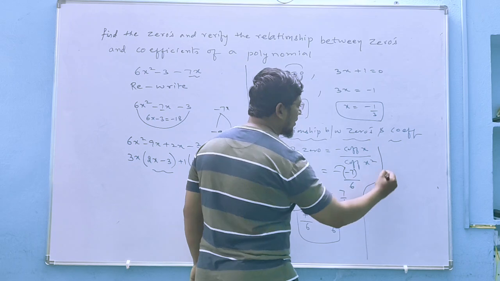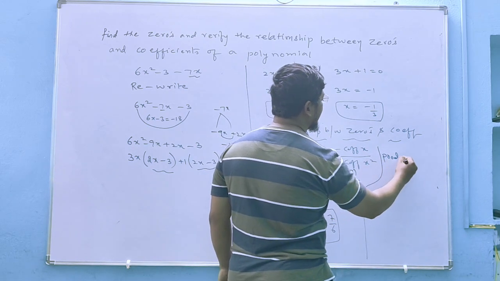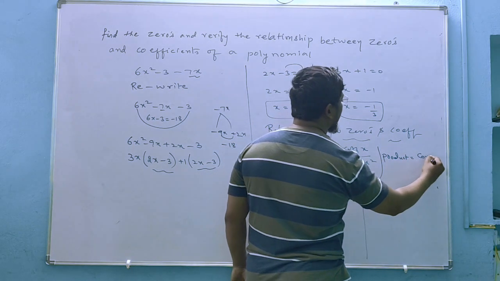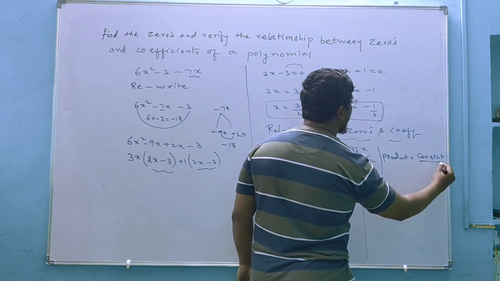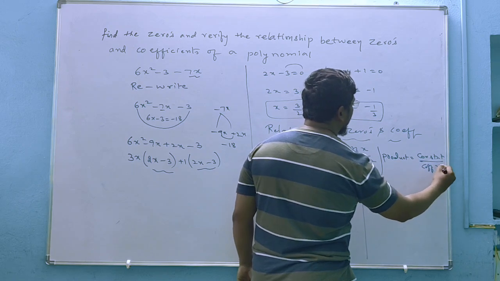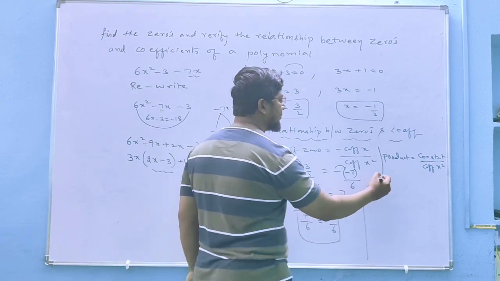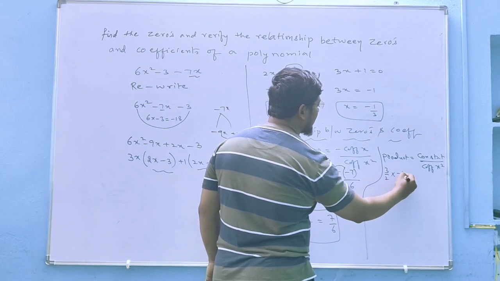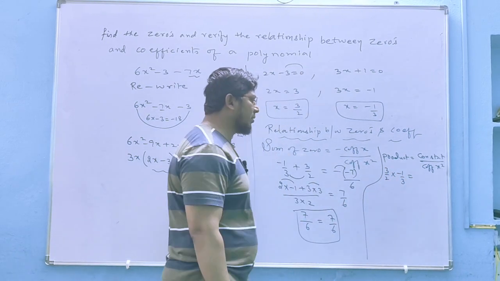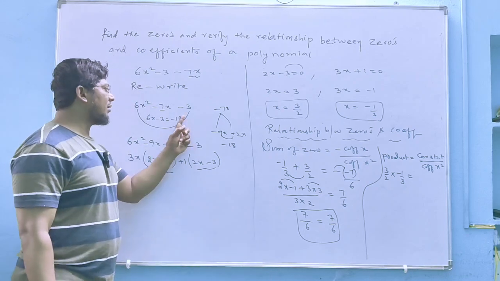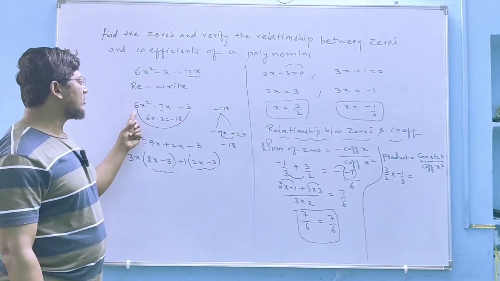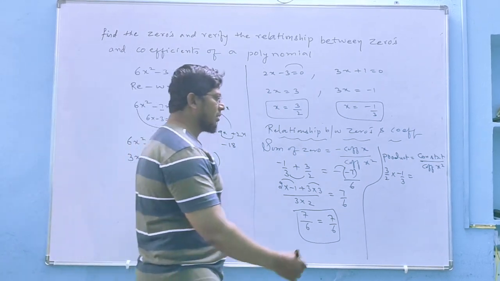Similarly, product of zeros. What is the formula? Product is equal to constant upon coefficient of x square. So what are the two zeros? 3 by 2 and minus 1 by 3. 3 by 2 into minus 1 by 3 is equal to constant. What is the constant here? Minus 3. And coefficient of x square is 6.